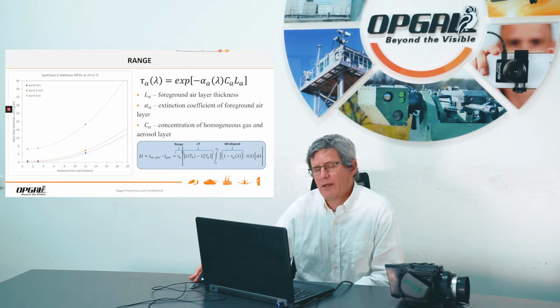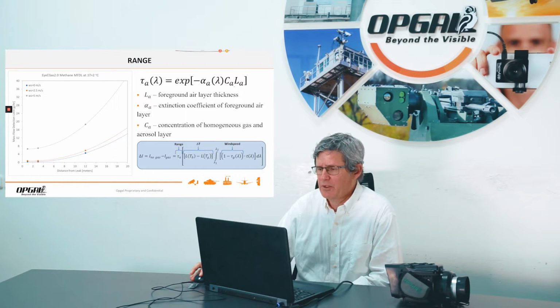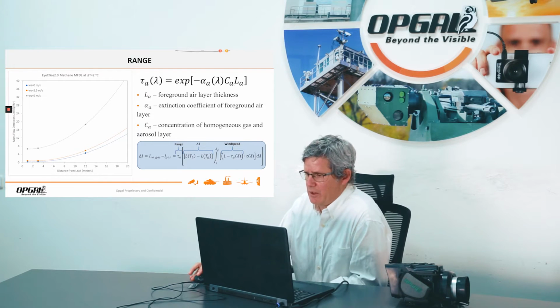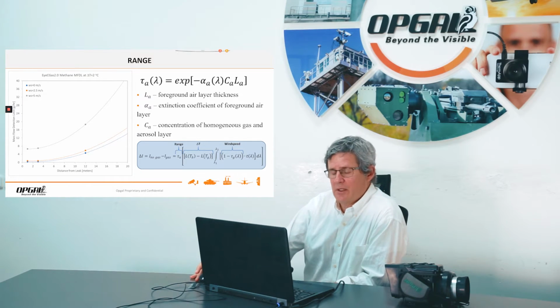So tau of A, as we saw from Beer's law, is the absorption extinction coefficient in this spectral range times the concentration times the path length. The path length here is the distance to the leak. It could be 10 meters, it could be 300 meters, it could be 3 kilometers.